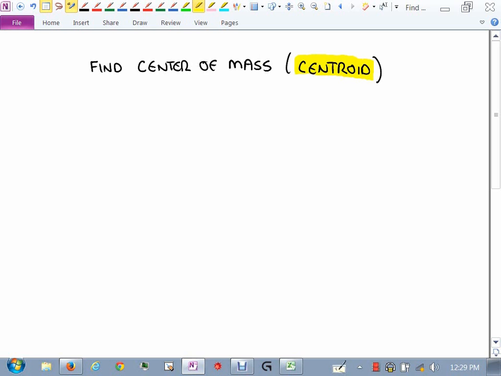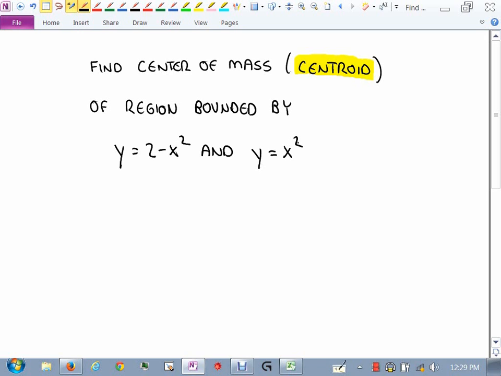So find the center of mass, or centroid, of the region bounded by y equals 2 minus x squared, and y equals x.